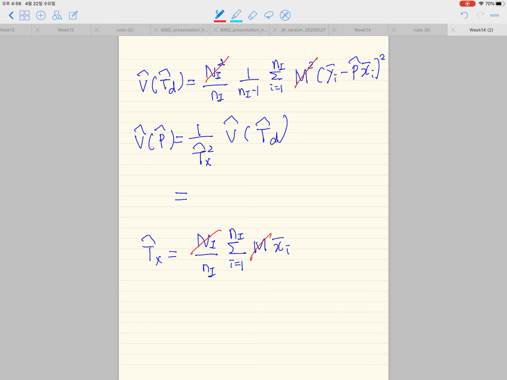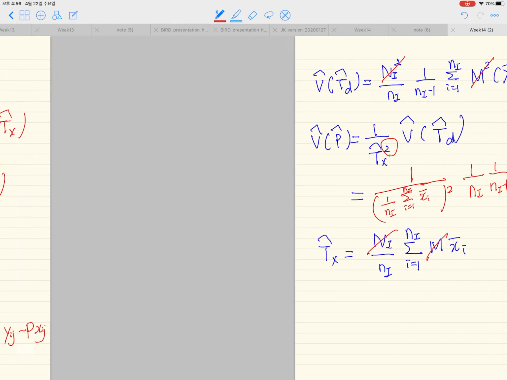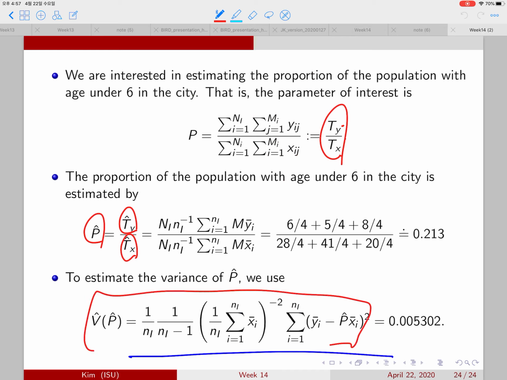Because of the square, you end up getting 1 over n times the sum of x bar i squared, and then you have 1 over n minus 1 times the sum of y bar i minus p hat x bar i squared. So that's the formula we have here.